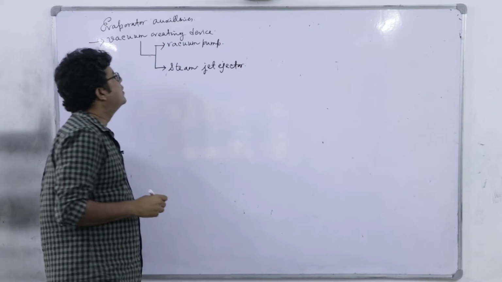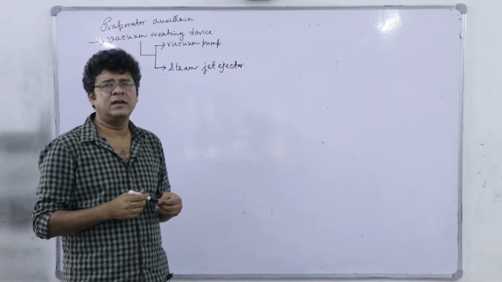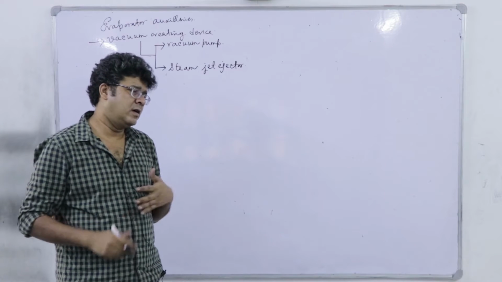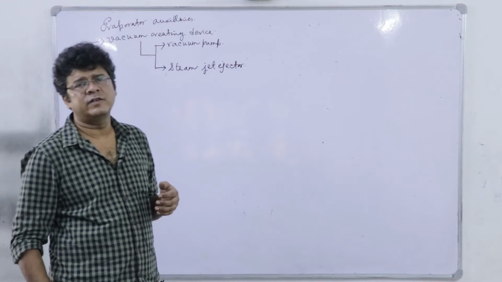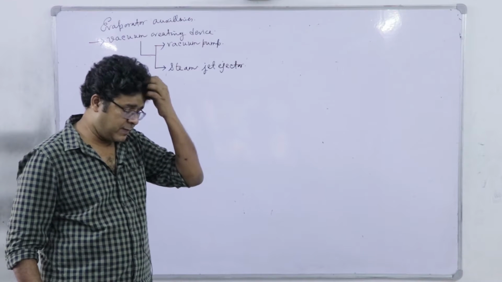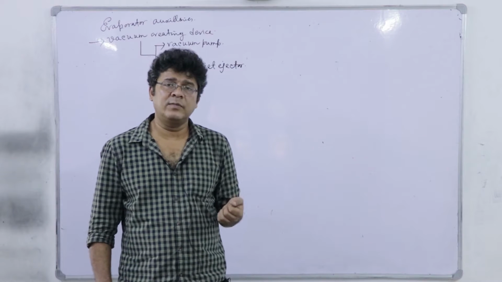Right. So vacuum pump, mostly you see, is a kind of reciprocating pump which undergoes a to and fro motion of a piston in a cylinder, and these vacuum pumps may be operating on wet or dry basis.